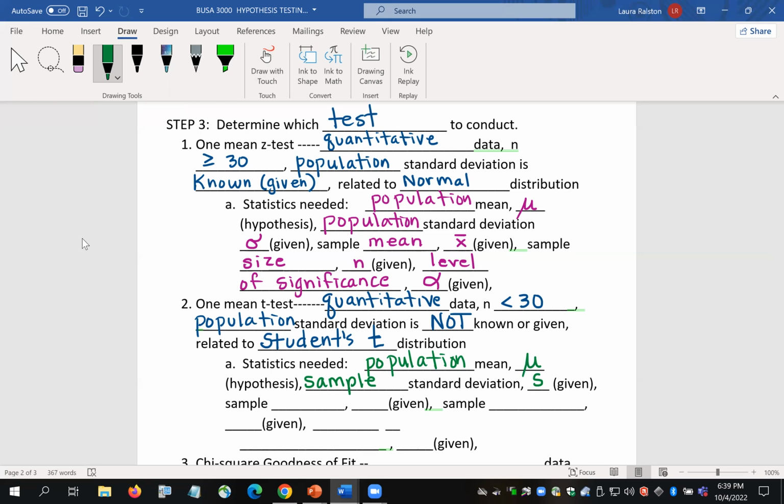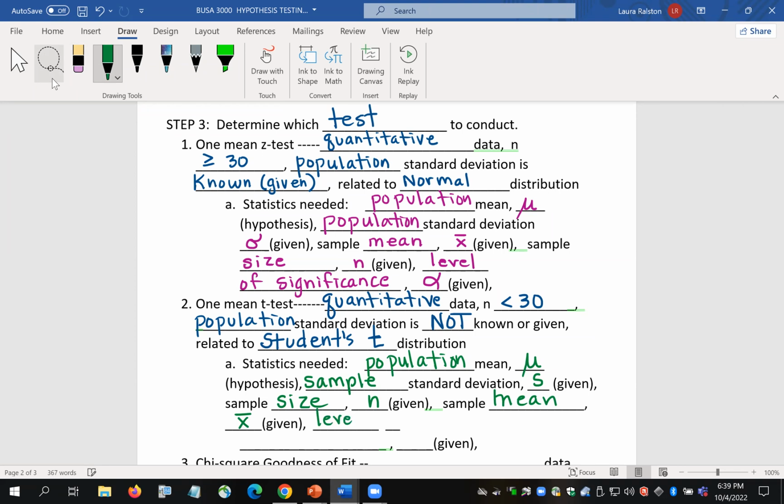You use T as in tiger whenever you do not know the population standard deviation. You know the sample standard deviation. You still have to also know the sample size, which is N, and you need the sample mean, which is X bar.